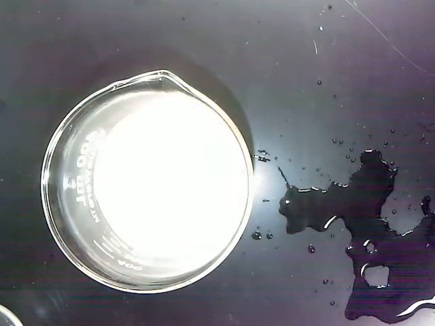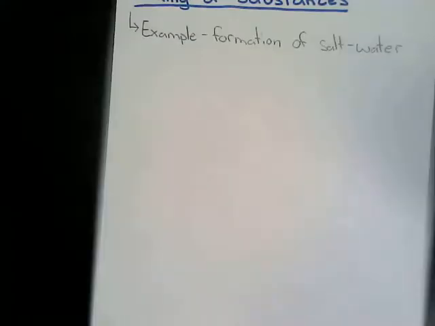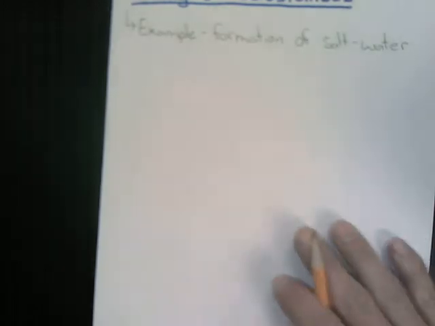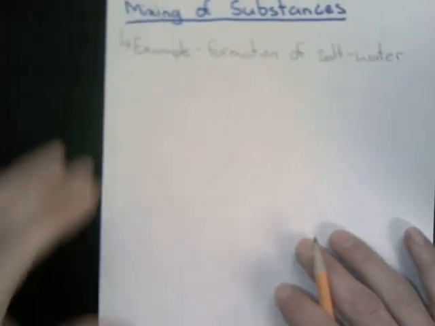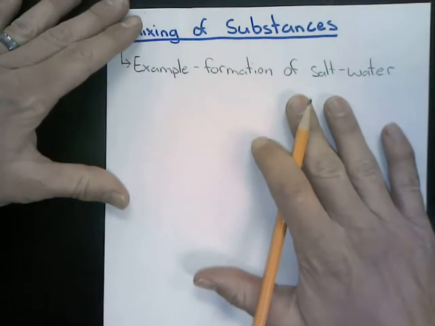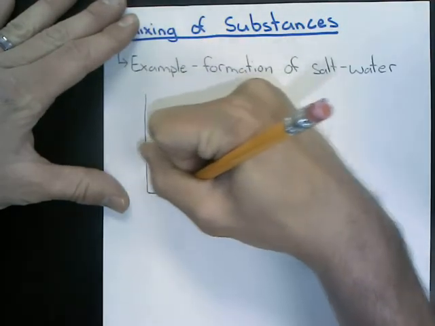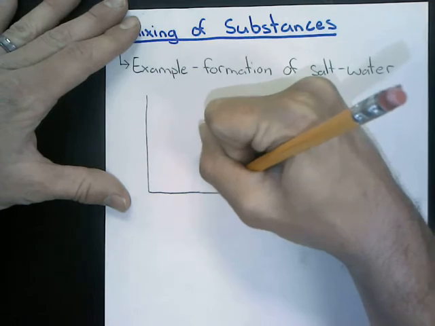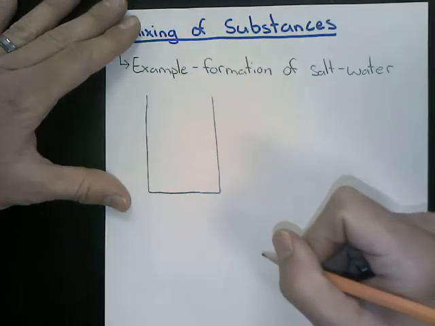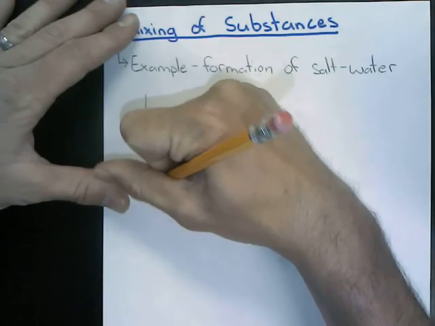I'll get this cleaned up and we'll get back to the notes to talk about the chemistry behind what happened here. A lot is happening, so we're going to draw a picture of what just happened. In our beaker, we initially had NaCl.